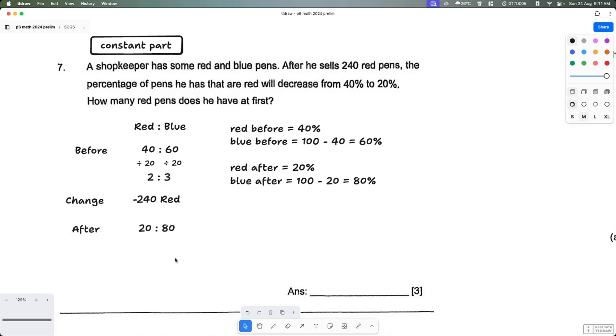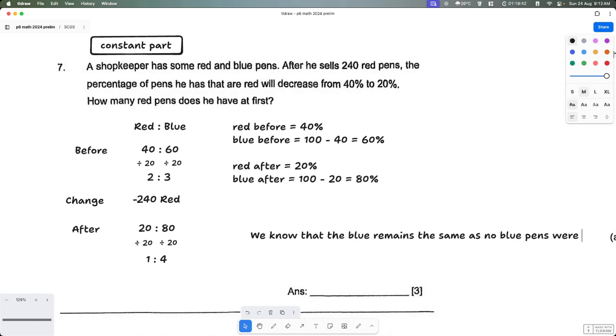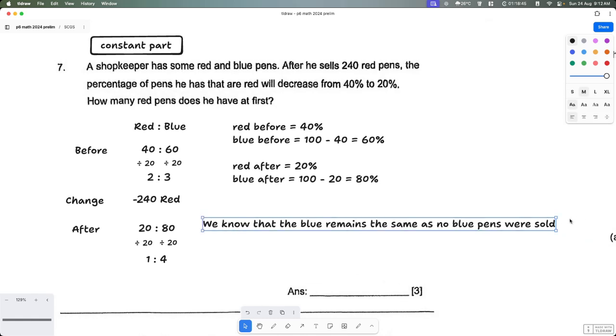For the after, we divide by 20 as well, so this will become 1 over 4. In this case, the constant part, let me write down: we know that the blue remains the same as no blue pens were sold. So this is what we know.